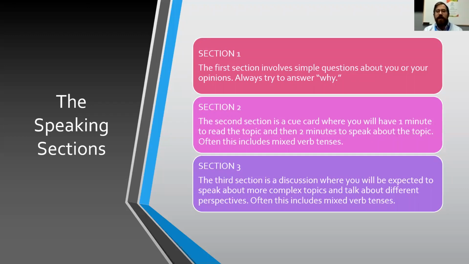And then you're expected to speak for 2 minutes about the topic. Often section 2 will include mixed verb tenses. And section 3 is a little bit more advanced. It's again like section 1 in that you're talking, but the difference with section 3 is you're usually discussing more complex topics and not just personal preferences, but talking about different perspectives. Again, this will often include mixed verb tenses.